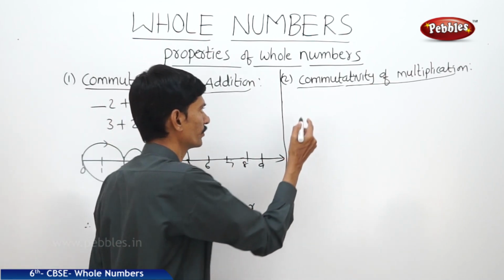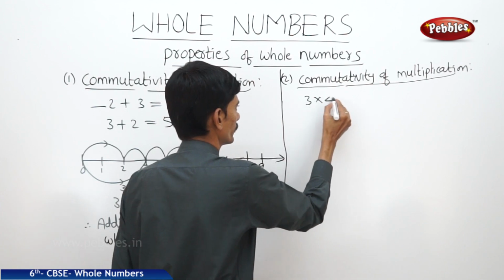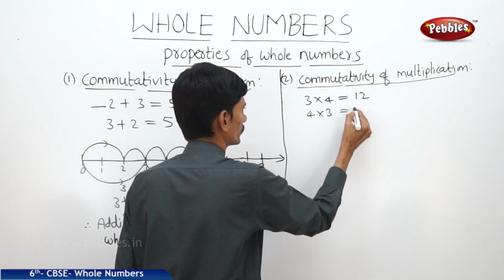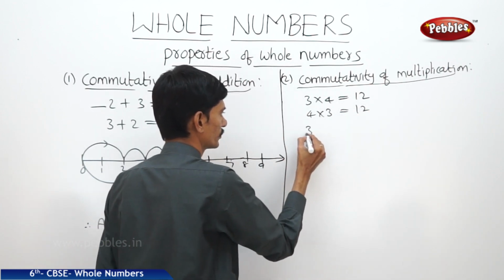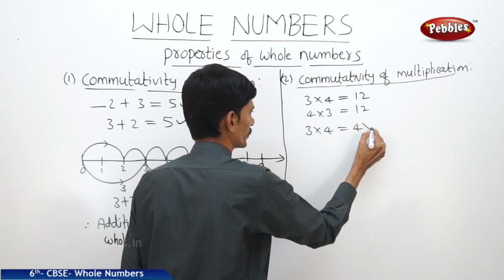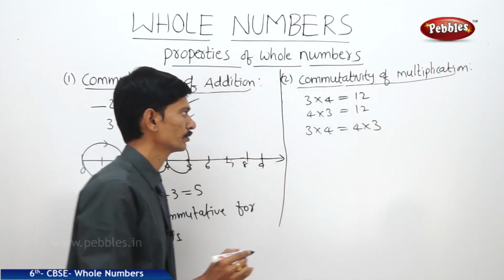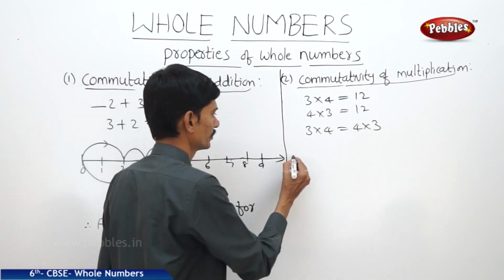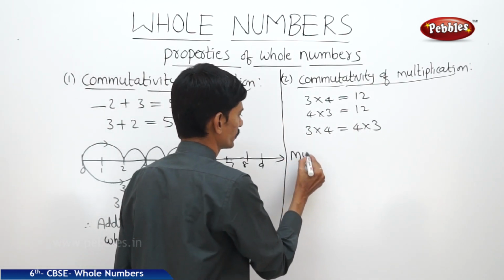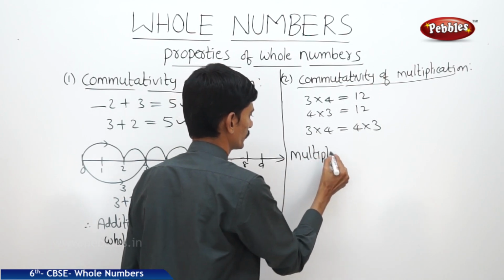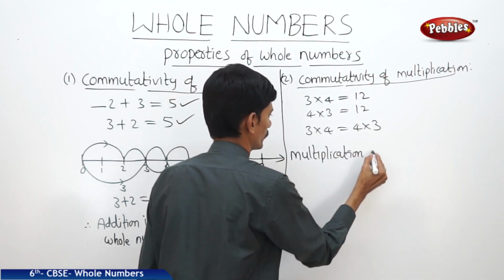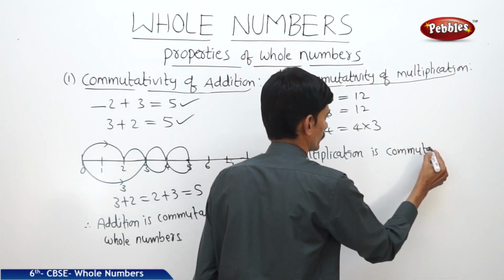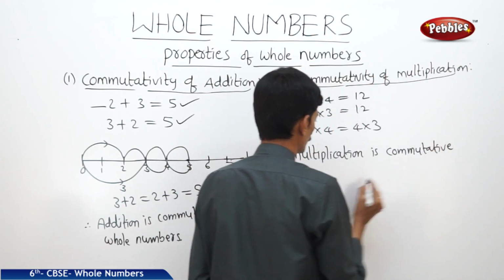Let us see an example. 3 into 4 equals 12, and 4 into 3 equals 12. So we can write that 3 into 4 equals 4 into 3. The product of two whole numbers in any order is the same. So we can say that multiplication is commutative for whole numbers.